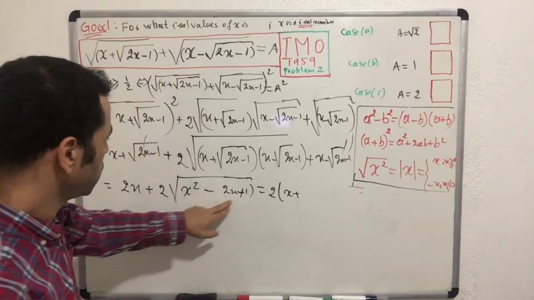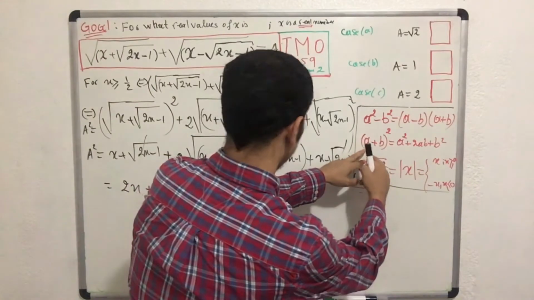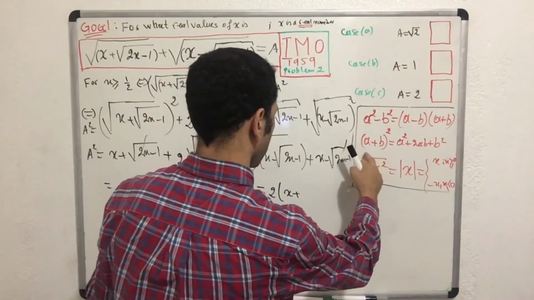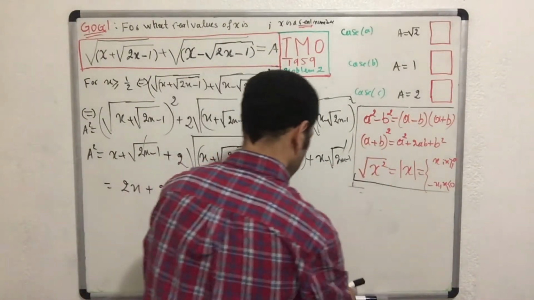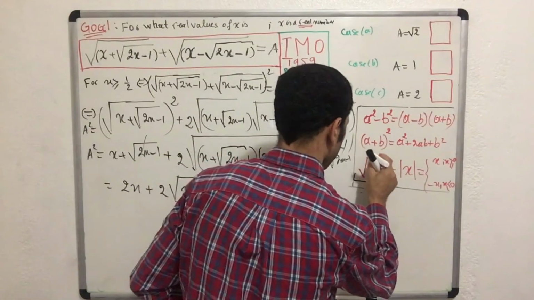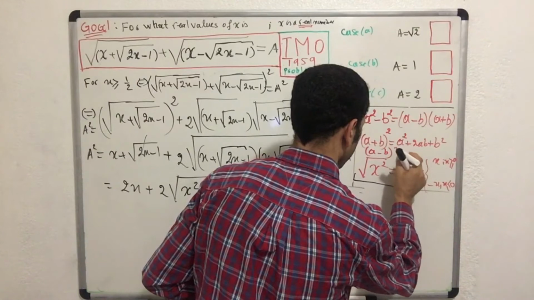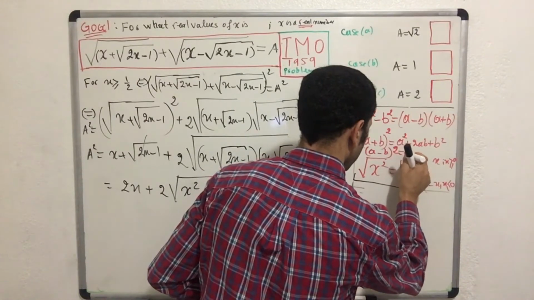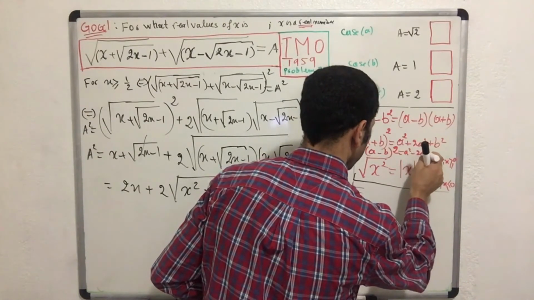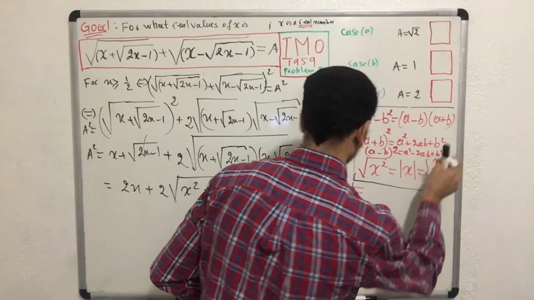What is this? This is this identity. Let's add it here. This is a minus b square equal a square minus 2ab plus b square, okay?